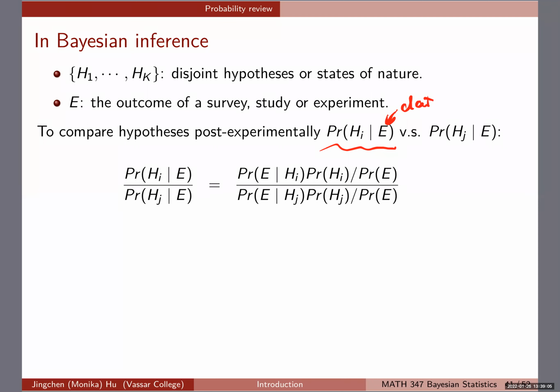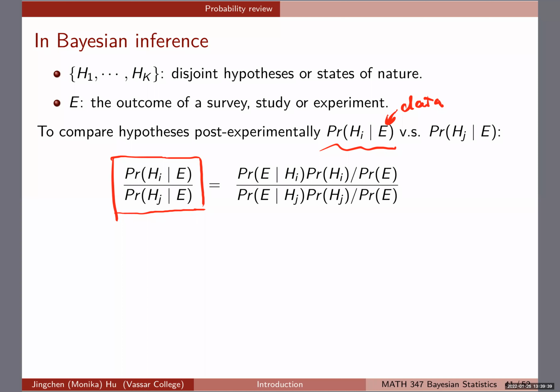We're looking at the probability of HI given E versus the probability of HJ given E. Both HI and HJ are different hypotheses, we have priors for them to start with, and then we arrive at posteriors given the same event E. On the left-hand side, this is the posterior ratio of HI given E over that of HJ given E. Both are posterior probabilities, and we use this ratio to compare the two hypotheses after we see the data.